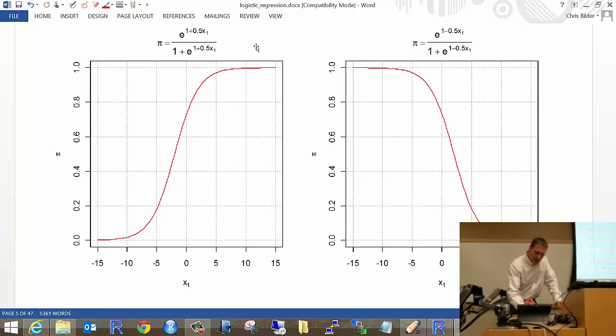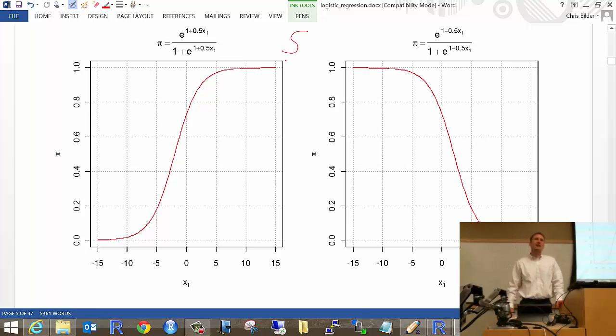And you can see here that this curve kind of looks a little bit like an S to some respect. And so people often will refer to this as an S curve. You also see, for example, if I were to draw a line across like this at pi equal 0.5, what's above it is kind of a mirror image of what's below it.